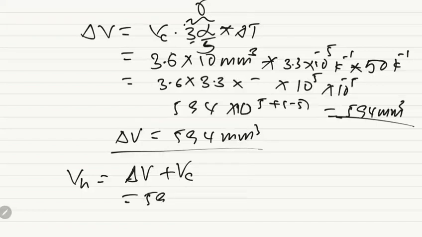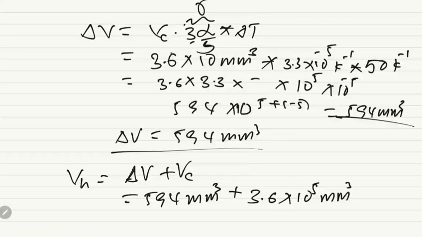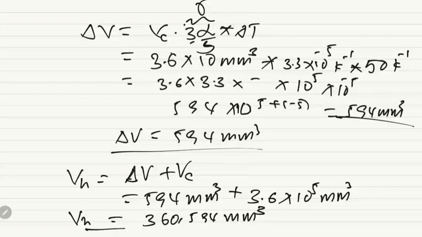So this is 594 millimeters cubed plus 3.6 times 10 to the power of 5 millimeters cubed, which is equal to 360,594 millimeters cubed. This is the volume at the hotter temperature, meaning the volume at 60 degrees Celsius. Thank you for watching this video.